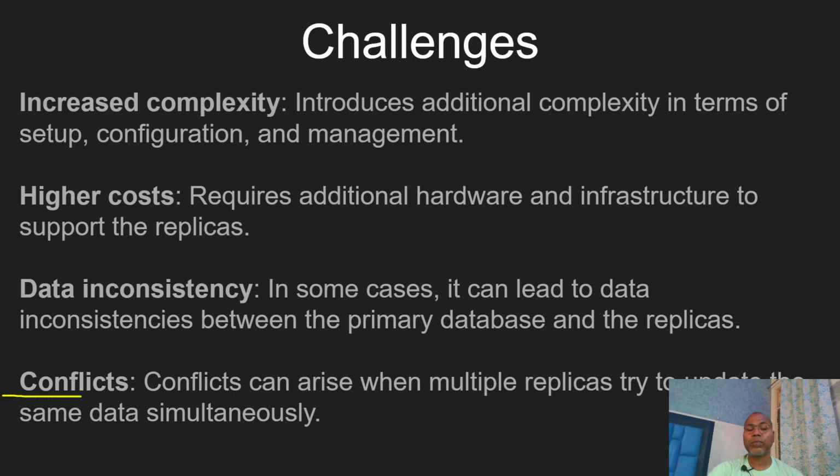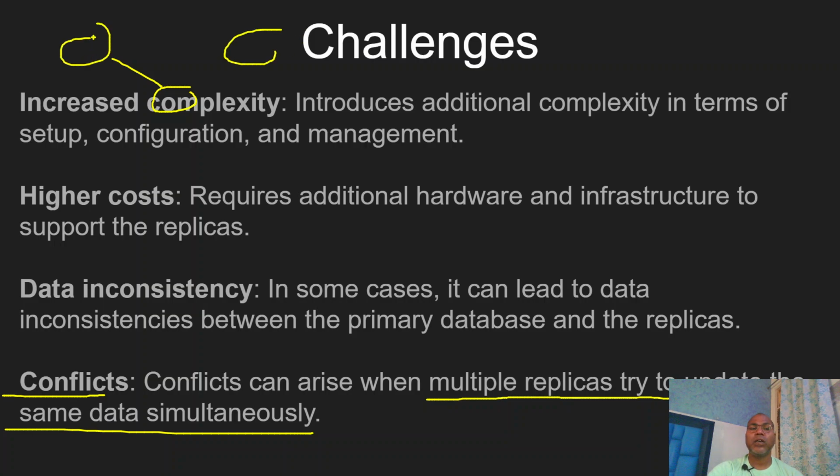Similarly, conflicts also arise when multiple replicas try to update the same data simultaneously. Sometimes, in master to master setups, both masters receive writes, and both replicate to each other, so there might be a chance that our data can conflict and become problematic.